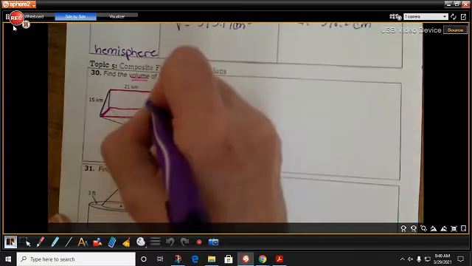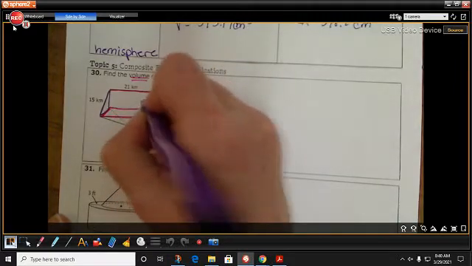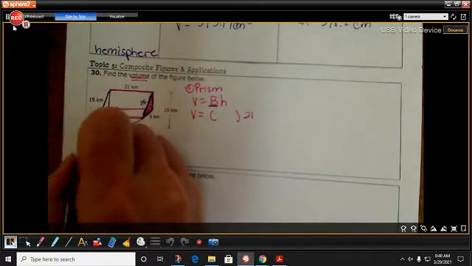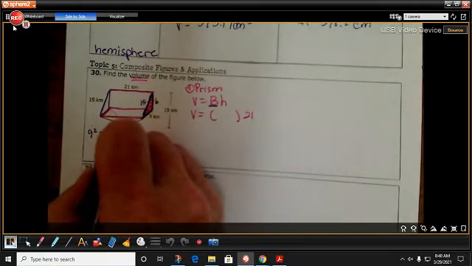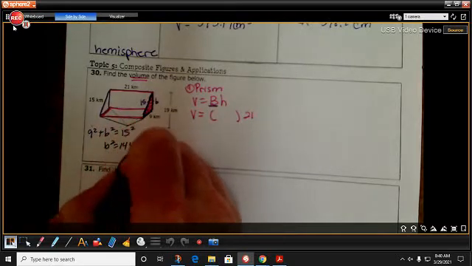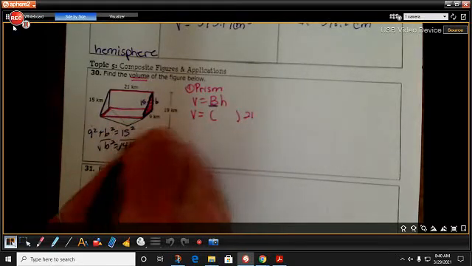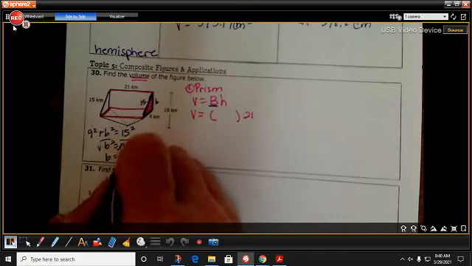And so I have the hypotenuse is 15, and so I can do 9 squared plus b squared equals 15 squared to get this missing side here. And so this will come out to be b squared equals 144, and square root both sides, and it comes out to be 12 for that.